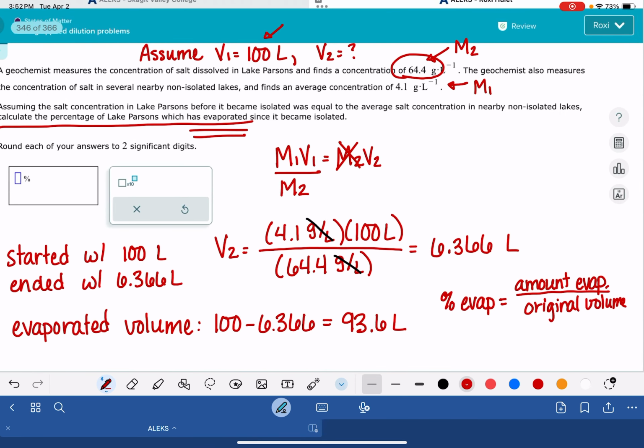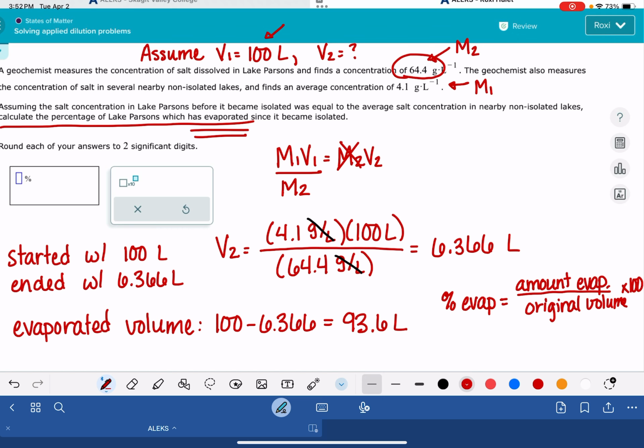And then, because it's a percent, we need to multiply by 100. The amount that evaporated is 93.6 liters. The original volume I picked was 100 liters. We multiply that by 100, and that gives me a percentage of 93.6%. ALEKS wants it to 2 sig figs, which is 94.